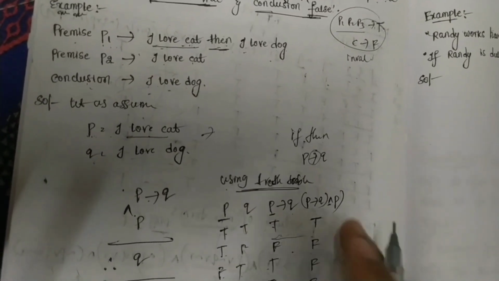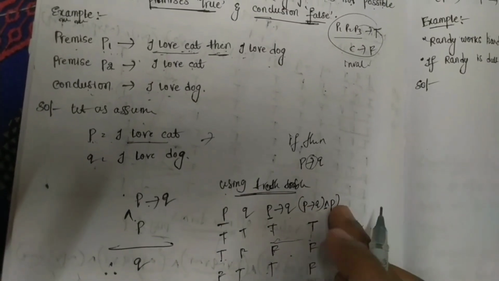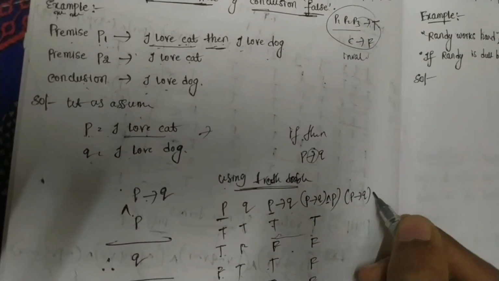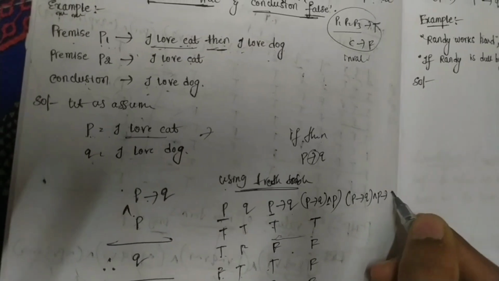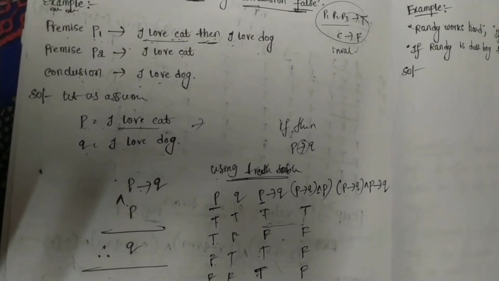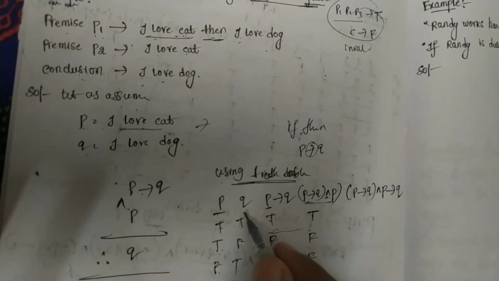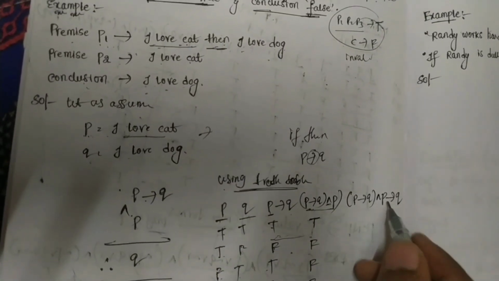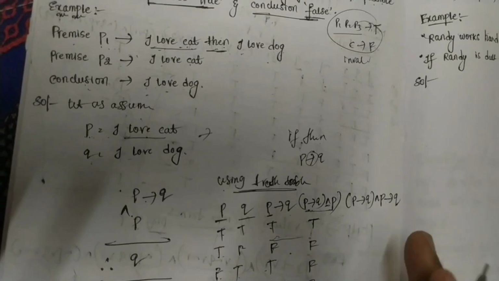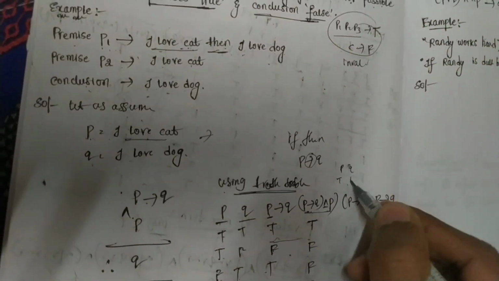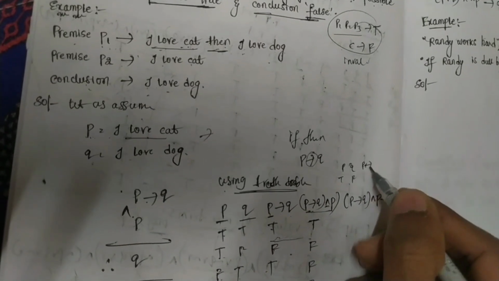That is for P implies Q and P. Now we do P implies Q and P, implication Q, because it is the last statement. Here this is one value and this is the Q value, and in between we place implication.